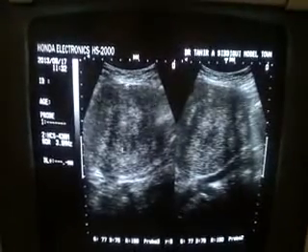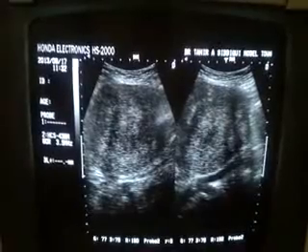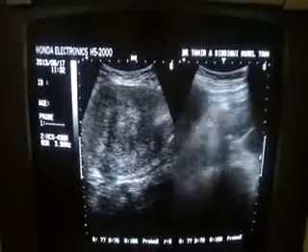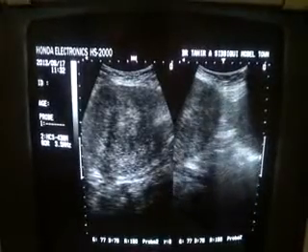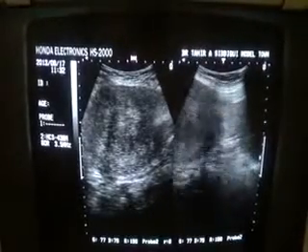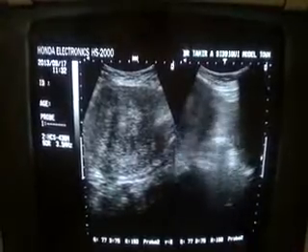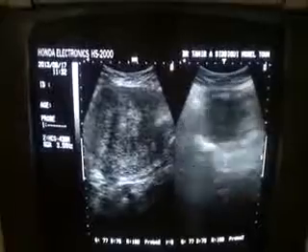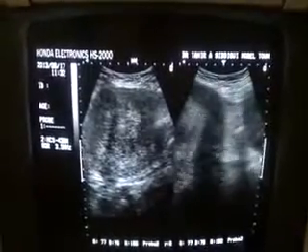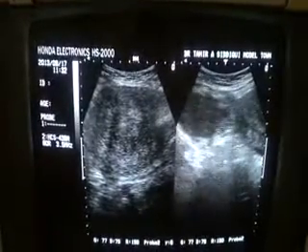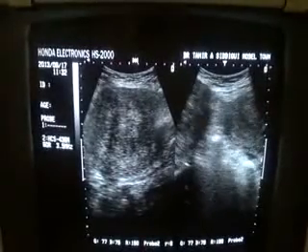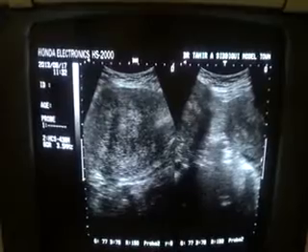This is again a fibroid. It's a pedunculated fibroid extending from the uterine fundal region. It relates to the uterine fundus. Let me show you. Here we are.